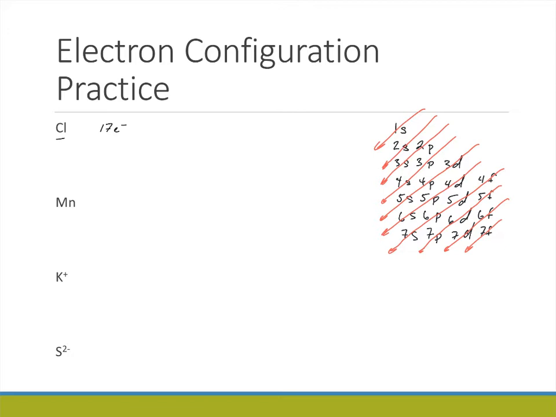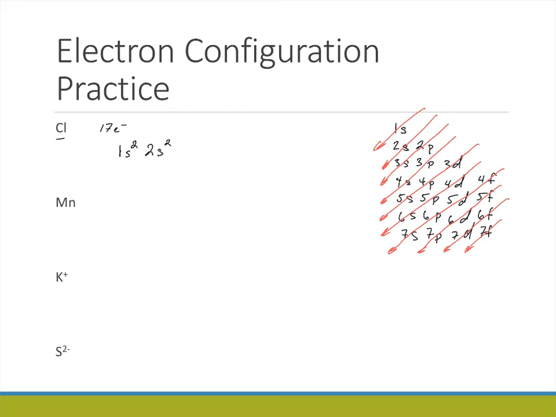So I've got 17 electrons that I need to put in here. I'm going to start at the 1s subshell, and I can fit 2 electrons in there, so I'm going to put a 2 as a superscript. Following the tip to the tail, now I'm going to fill up the 2s. So 2s can have 2 electrons total. Following my tip to the tail again, that gives me the 2p's.